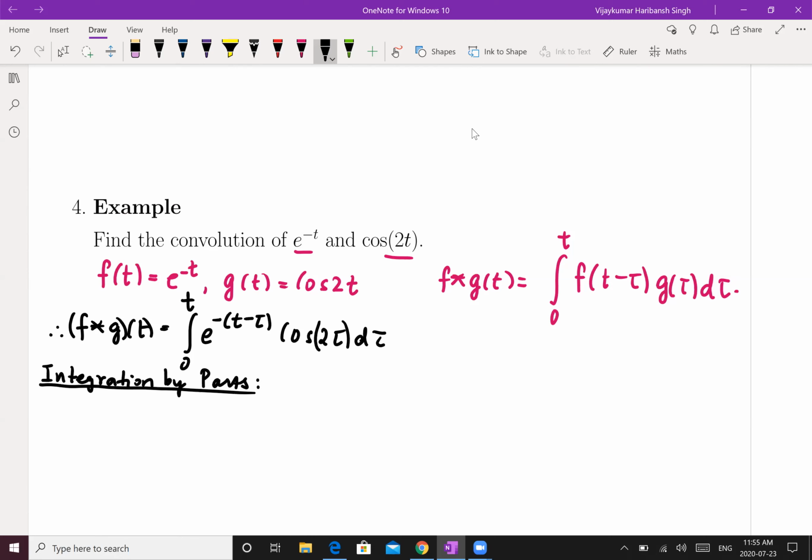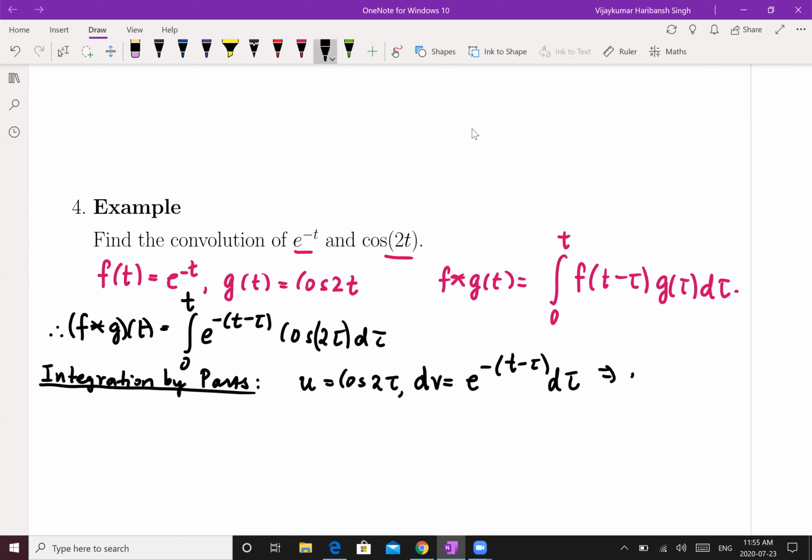So first, we'll have u equals cos 2 tau, dv equals e to the power minus t minus tau d tau. So the integral becomes, what do I get from here?